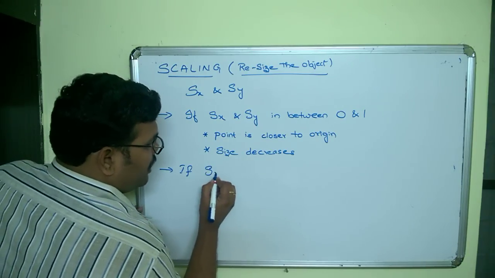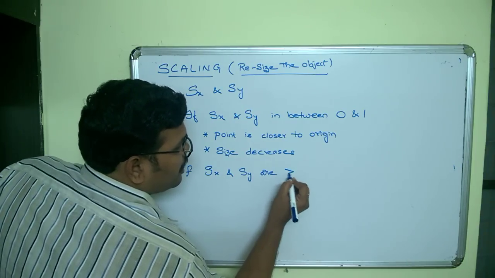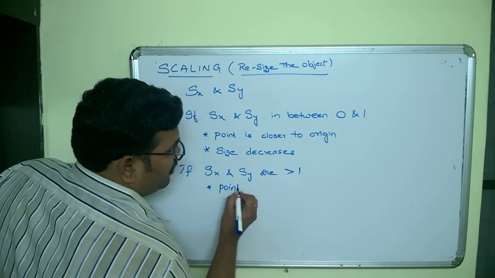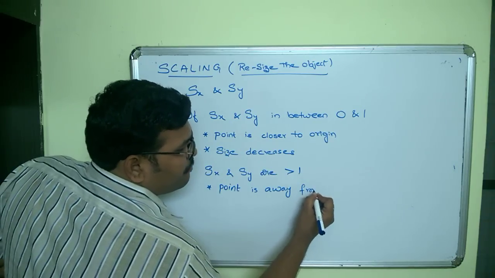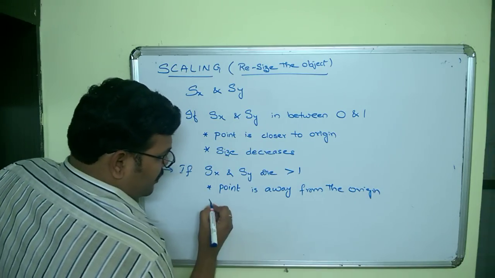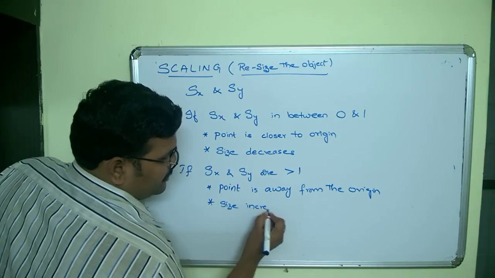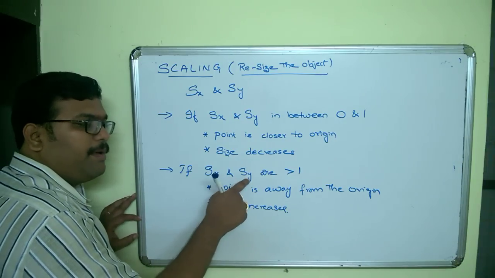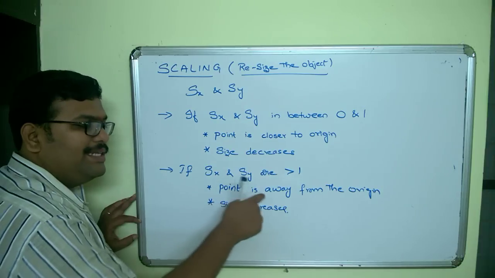If Sx and Sy are greater than 1, then the point is away from the origin. That means the size of an object increases. If both the scaling parameters are greater than 1, the scaled point is away from the origin.